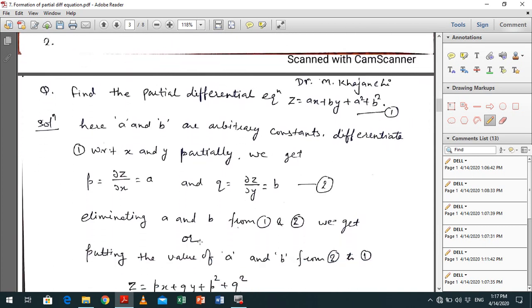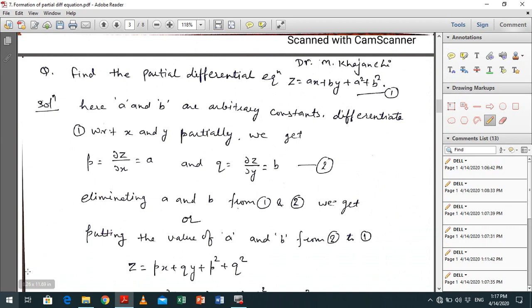Now we look at some examples. Suppose we have the equation z = ax + by + a² + b². We are to derive a partial differential equation from this given equation.